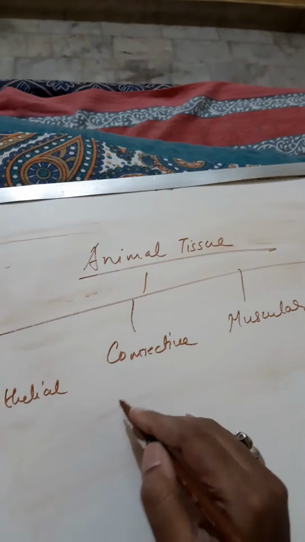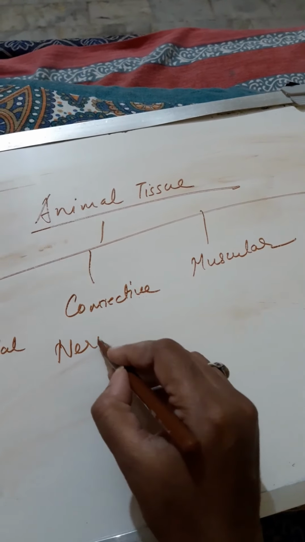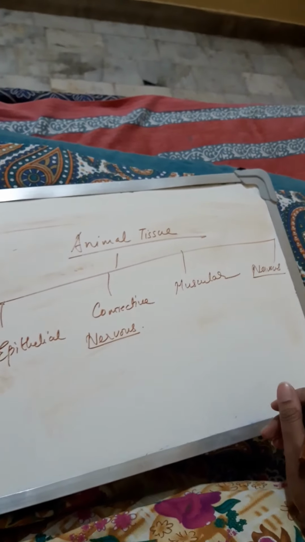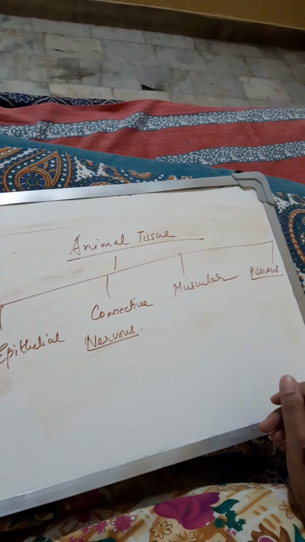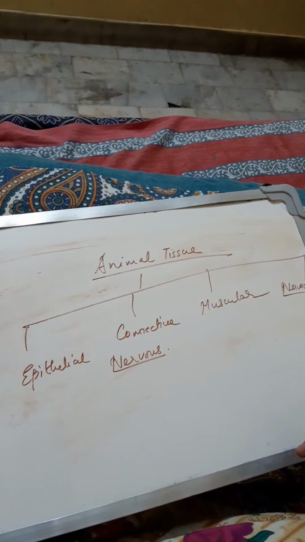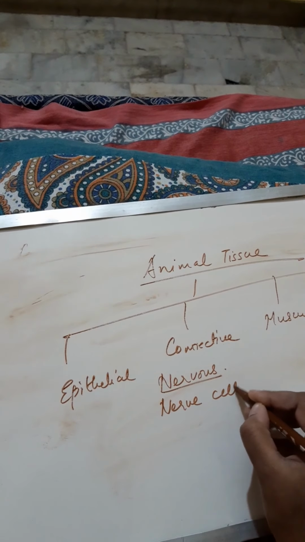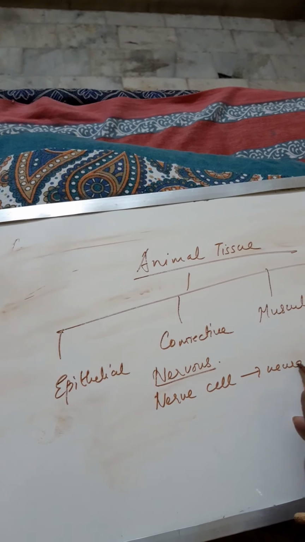Now, before I start with epithelial and connective, we will go backward. That will be easier because you have already studied the nervous tissue. If you remember, we studied the nerve cell in class 8. The entire nervous tissue is made up of only nerve cells, which are called neurons.